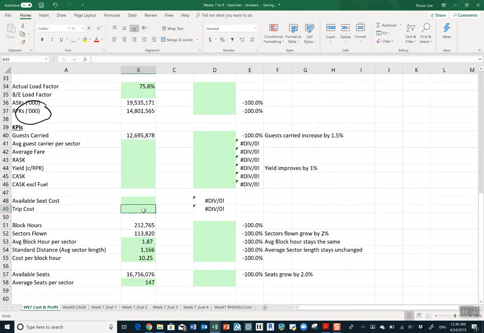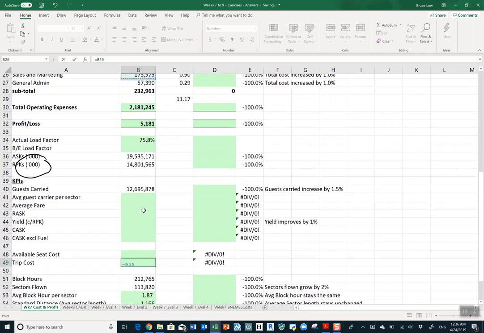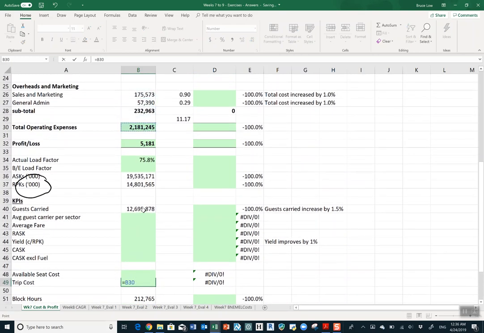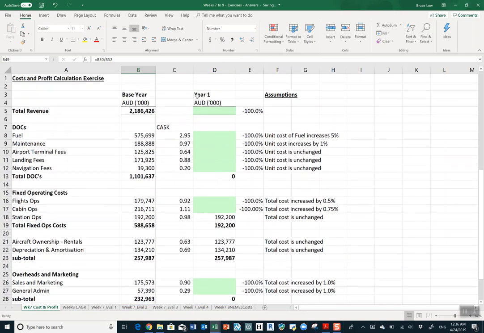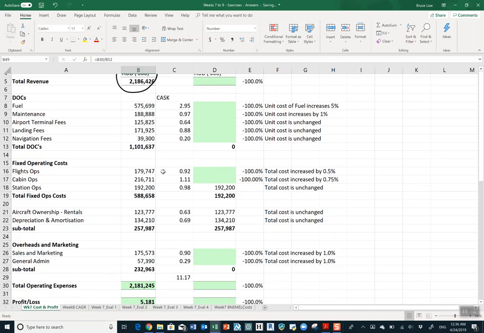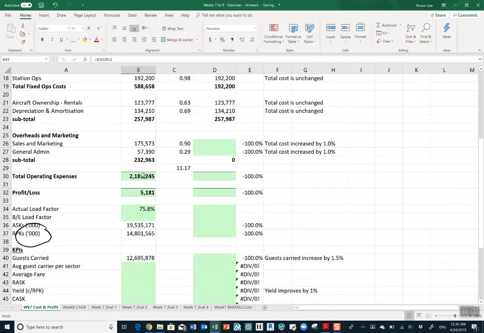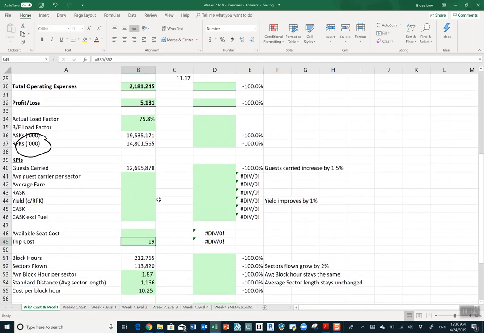Okay, so let's have a look. Trip cost is our total costs divided by our total trips, or our sectors flown. I think these expenses are all in thousands. Have a look there. So this is actually 2 billion, not 2 million.